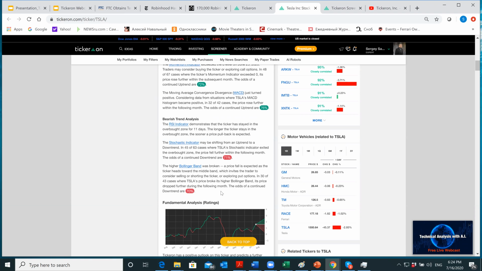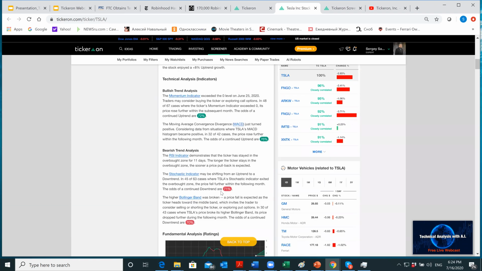Unfortunately, there are about 150 or 200 different indicators. All of them have different parameters, and none of them can predict anything, okay? But they can give guidance.